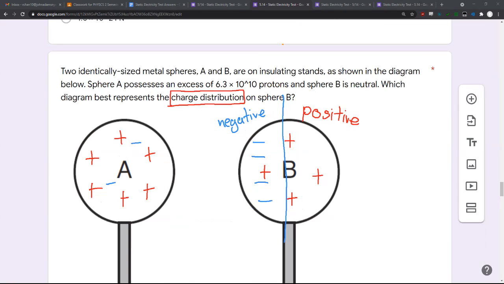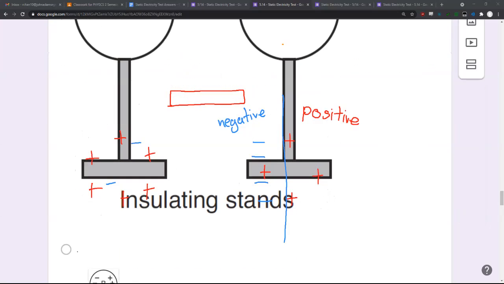I don't really go into this because in the end, students don't really need to know it, right? I do remind you that protons don't move, and that one side does become negative and the other side becomes positive. So that's what these diagrams mean.